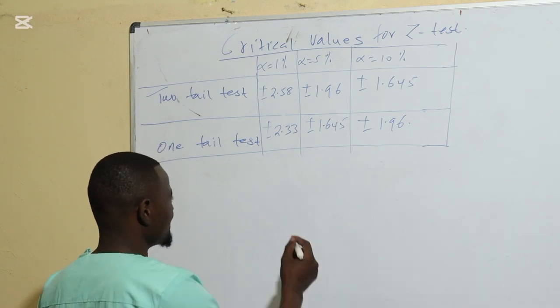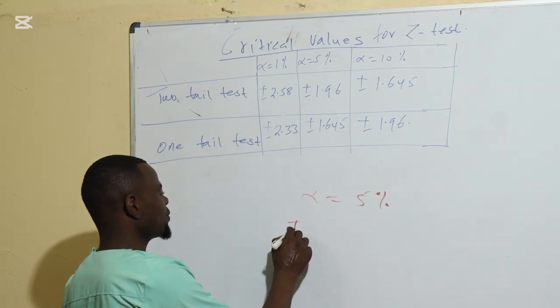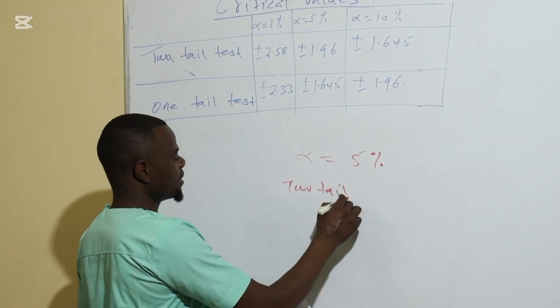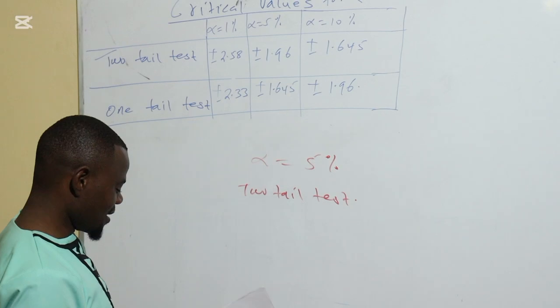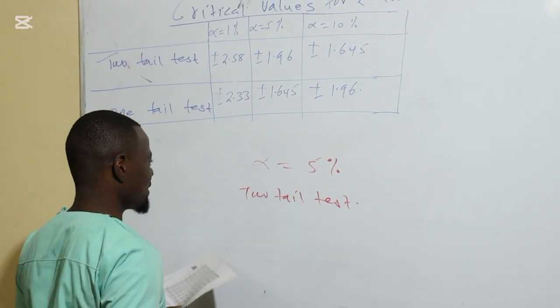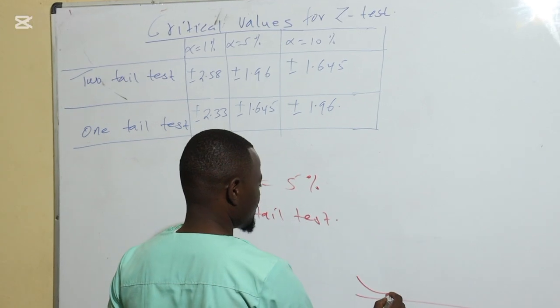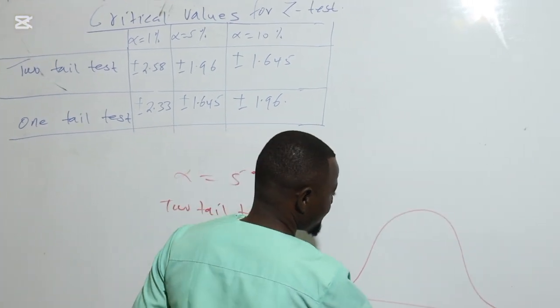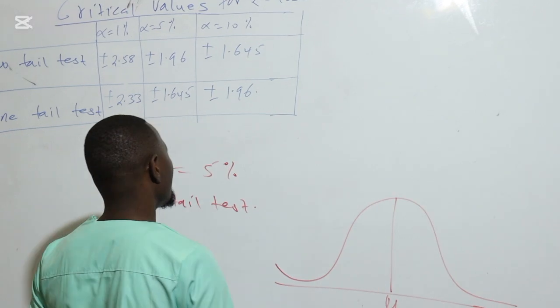So for example, let me take an alpha value of 5% and I'm performing a two-tail test. So remember our sampling distribution takes the shape of a normal curve. And here is where you have the mu.